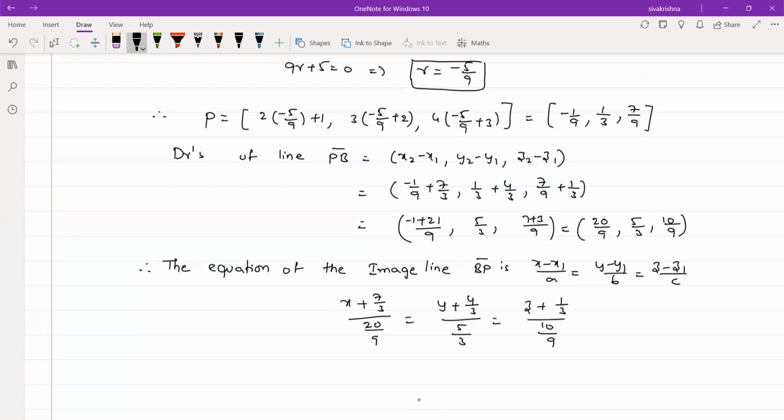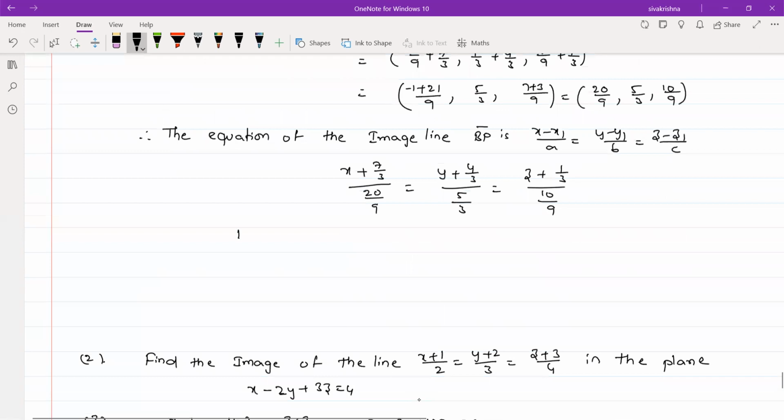Okay. So this is the required image line for the given line equation.